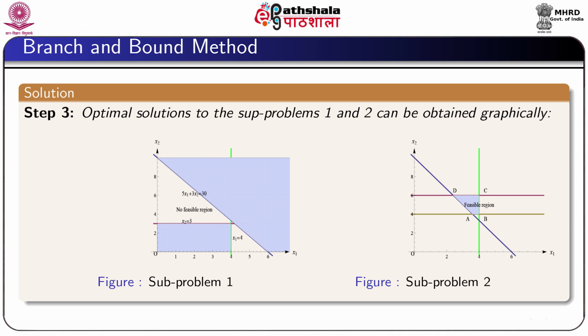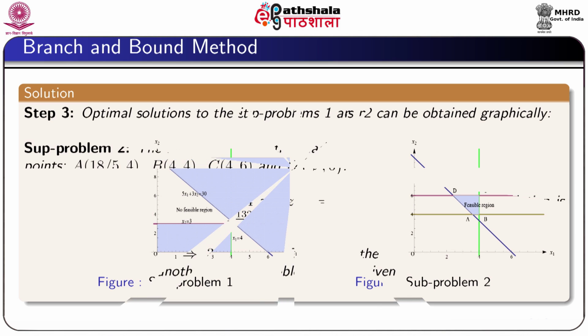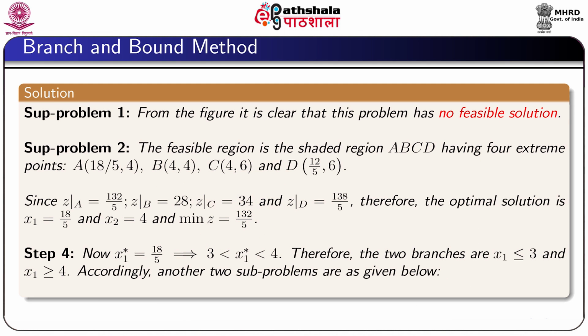Therefore, the sub problem 1 has no feasible solution, whereas for the sub problem 2 we have a feasible region and from the extreme points of the feasible region we find the optimal solution as x1 equal to 18 by 5 and x2 equal to 4 and the corresponding minimum value of z equal to 132 by 5.